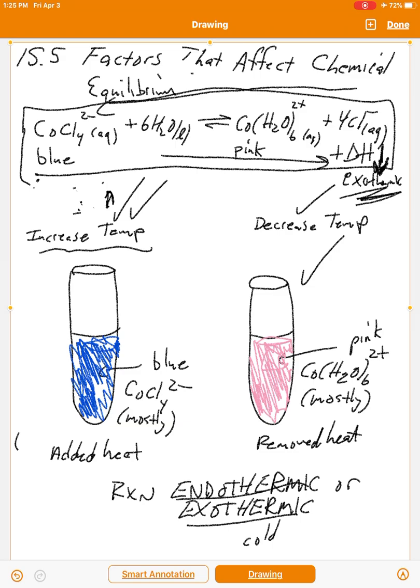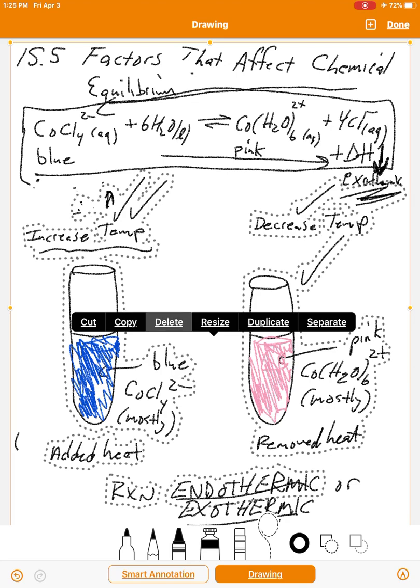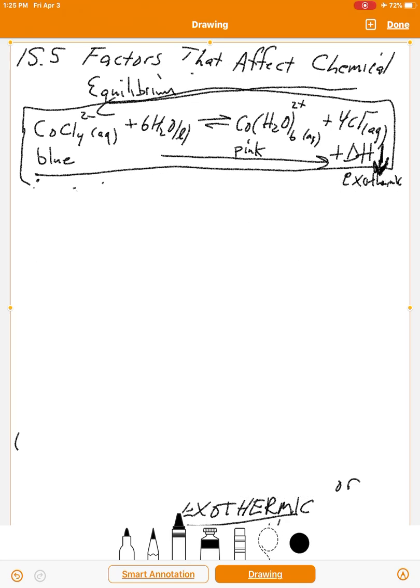Okay? So our result here, just to sum this up so that you can do the problems, is that if you heat a sample and it's endothermic, meaning delta H is on the reactant side, you should produce more product.